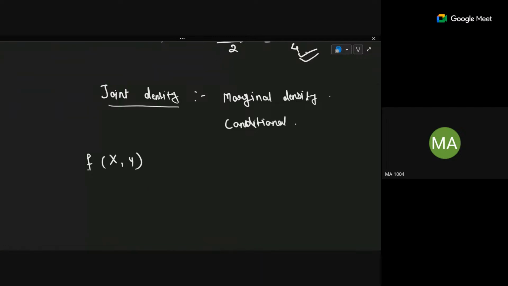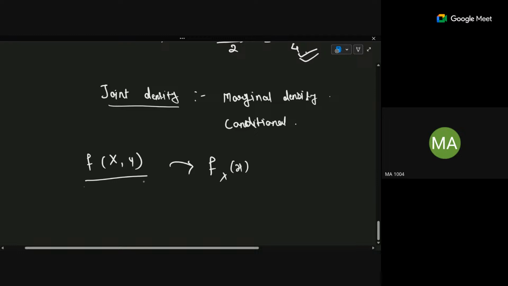That means the individual probability out of this joint density. What is marginal density? Individual probability of your random variables.